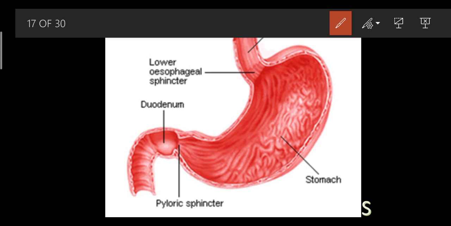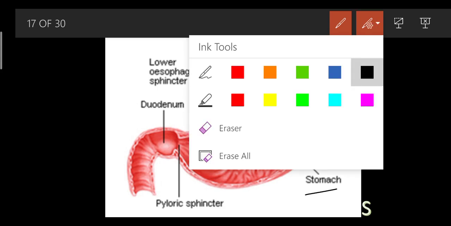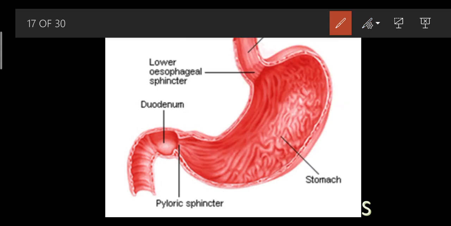What is present inside this stomach? There is gastric juice, which is present inside the stomach, and it is highly acidic in nature. The stomach has the gastric juice called HCl, which helps to kill any germs which enter along with the food. Whenever we eat food, some bacteria also enter along with it.